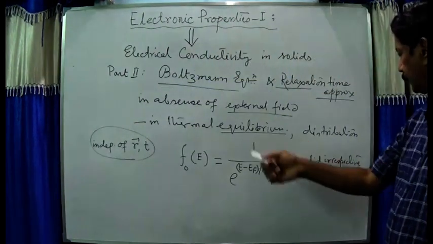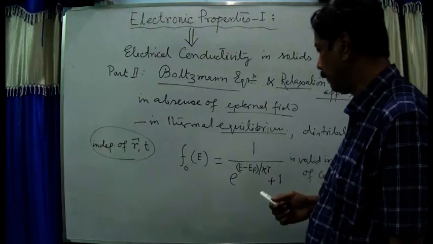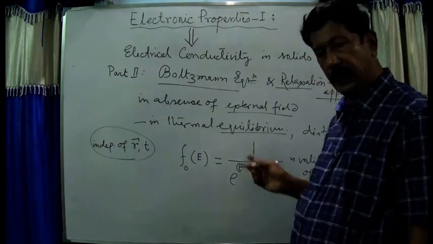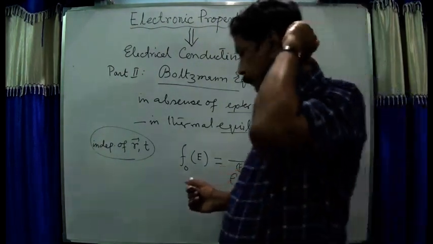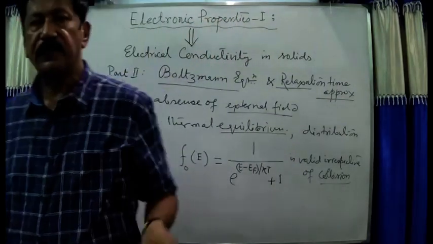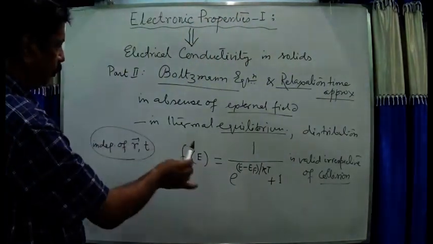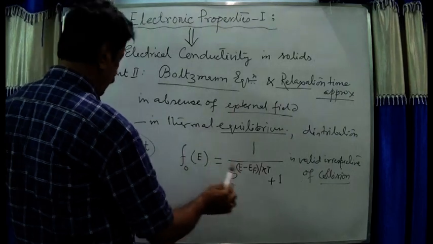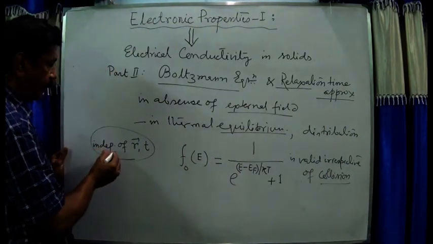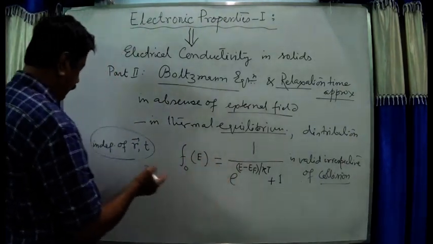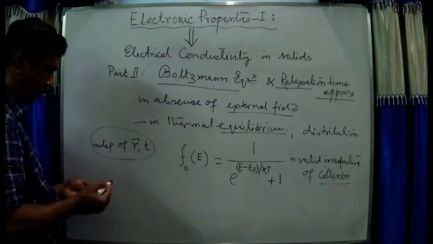So even if there is no collision, this is valid, and this is your equilibrium distribution. We should keep in mind that this function is independent of r and t.